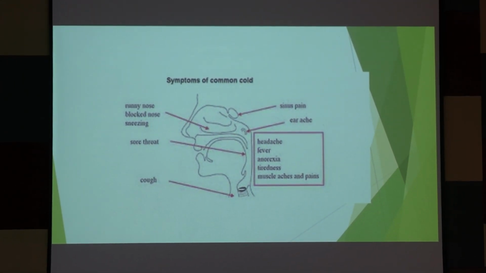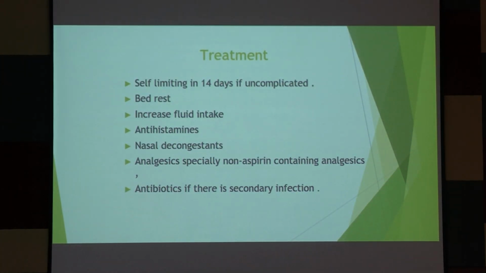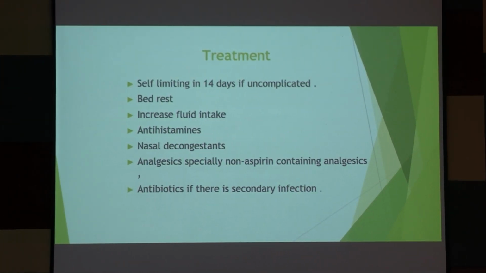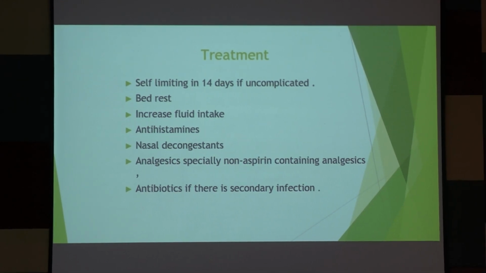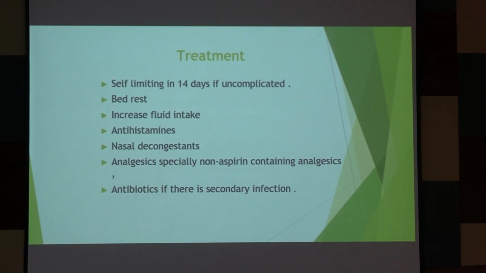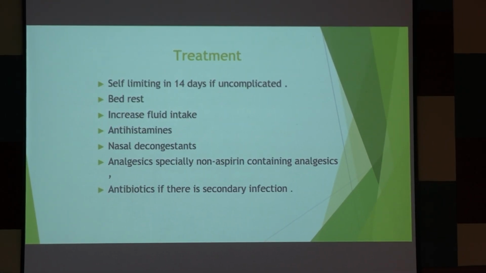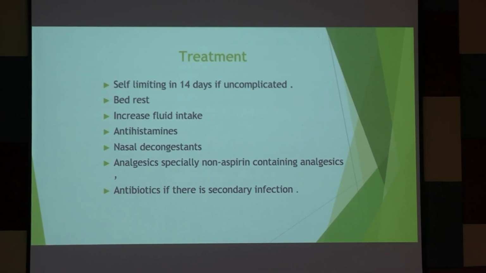What are the symptoms of common cold? Again and again, same thing. How will you treat it? You will give no treatment if it is viral, but mostly we get secondary infections, okay? So if in 2 to 3 days the symptoms are worsening and purulent secretion is there, we will start antibiotic, okay?